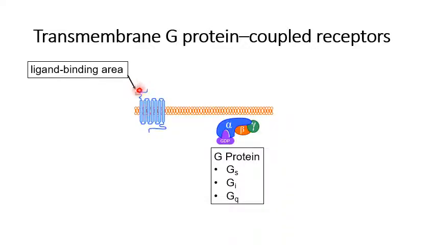If the substrate is an agonist, then this will initiate the intracellular mechanism through the G protein receptors. G proteins, by the way, could be one of these types: GS proteins, GI protein, and GQ protein. Each one of them has a different subsequent intracellular mechanism if they are activated by an agonist.